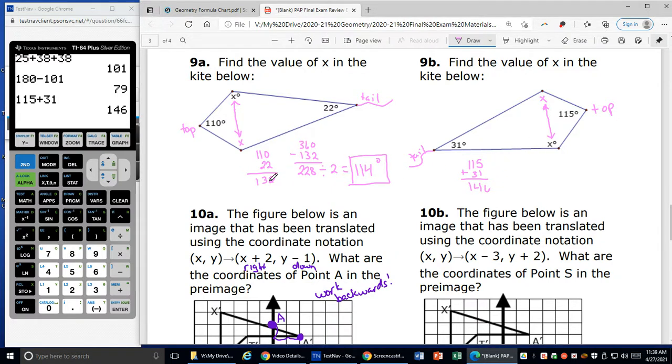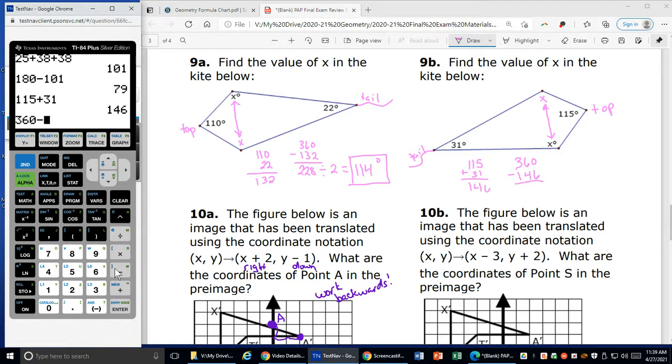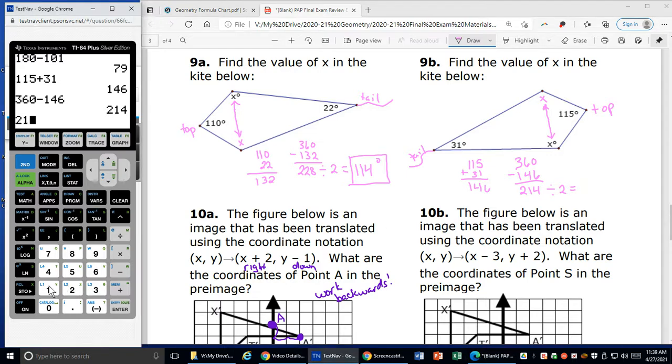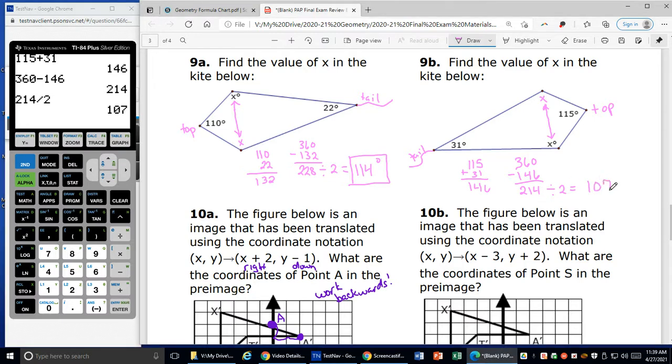And then I took the 132 I got last time and I subtracted it from 360 because all the angles in a quadrilateral add up to 360. So this time from the 360, I'm going to subtract the 146, which leaves me with 214. When I divide that by 2, I get 214 divided by 2 is 107. So each one of those angles is 107 degrees.